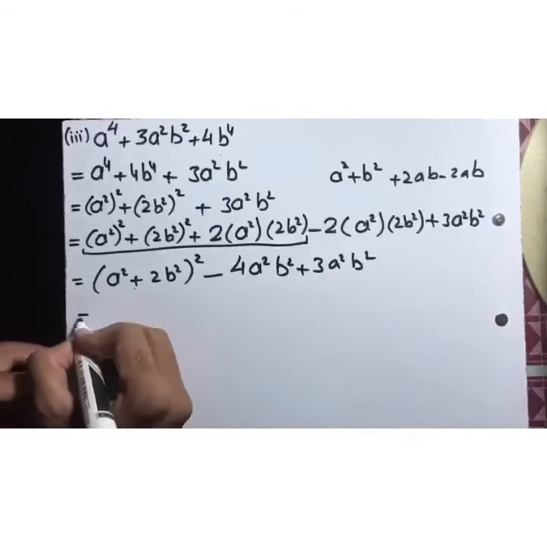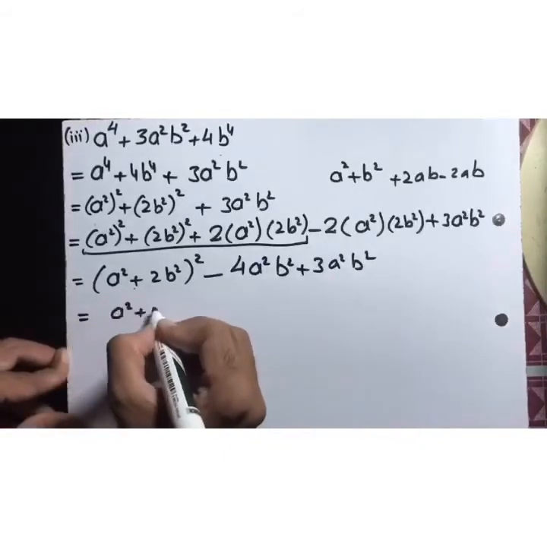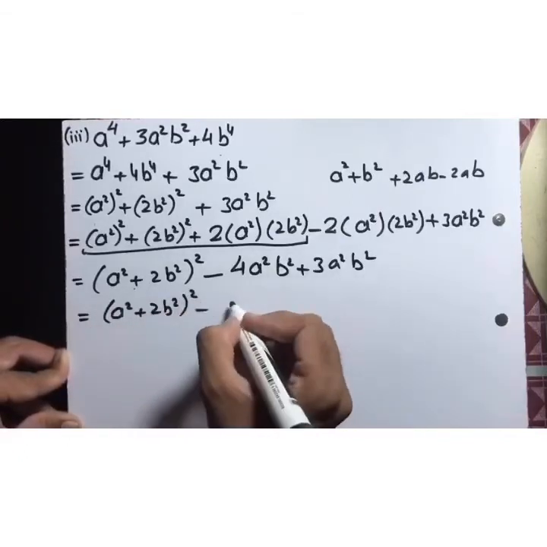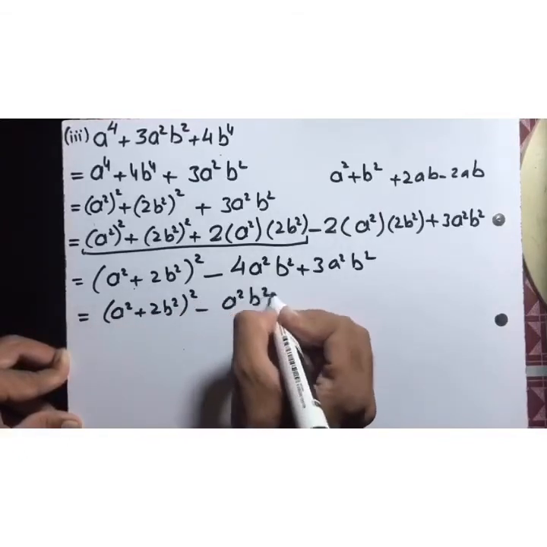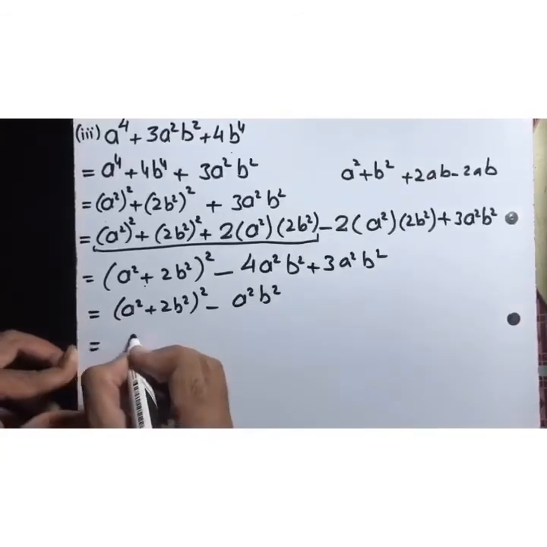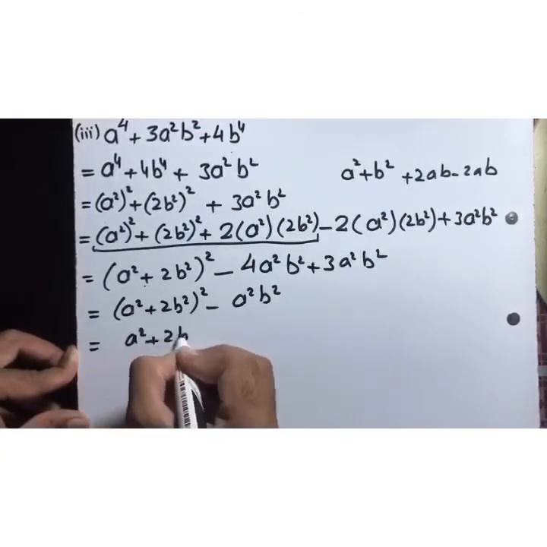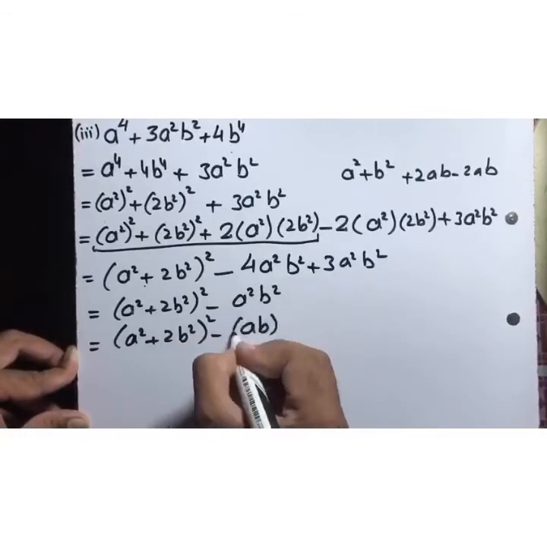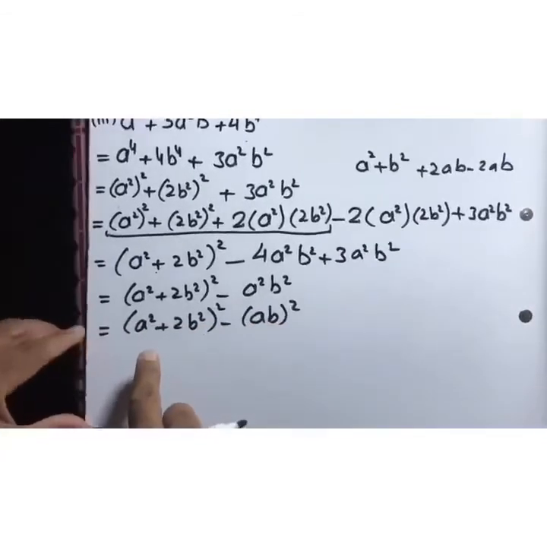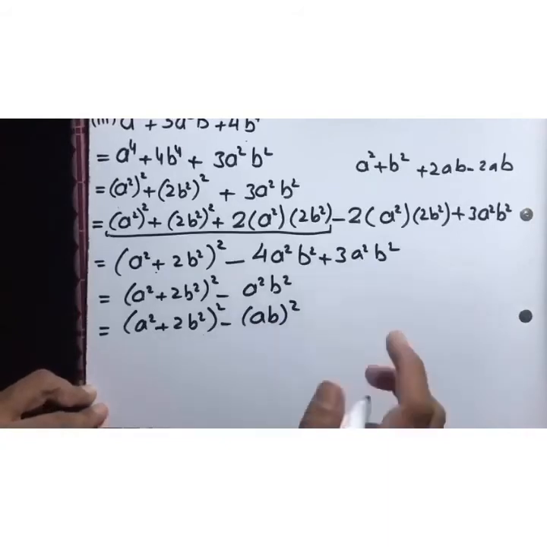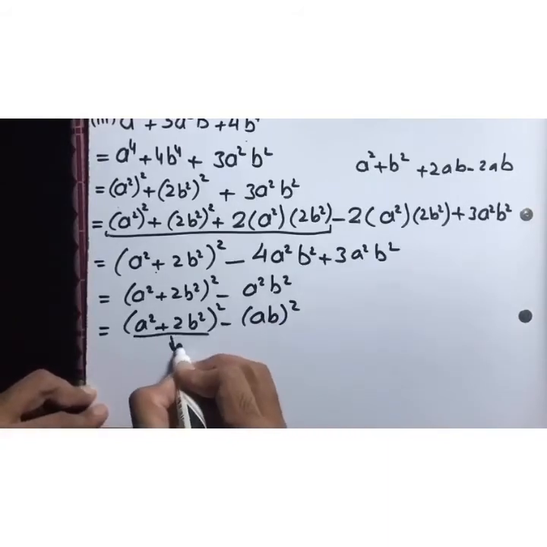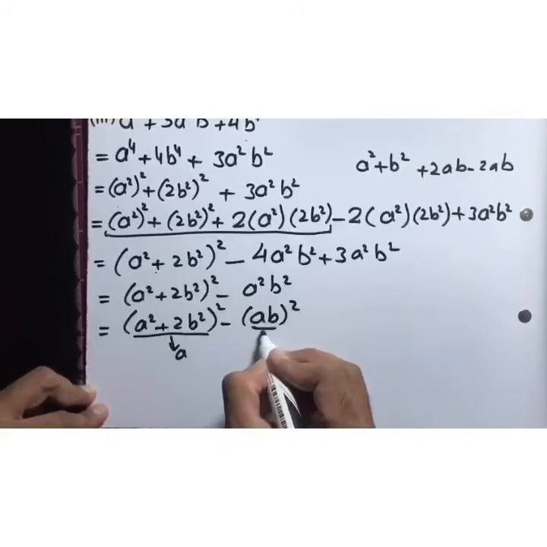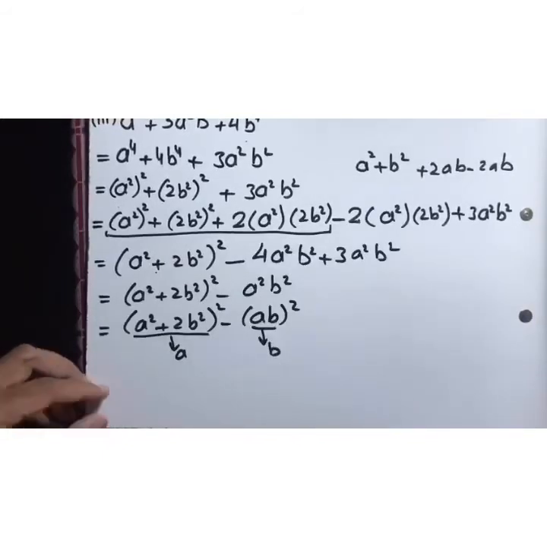By subtracting them we get a square plus 2b square whole square, minus plus minus we get minus a square b square. Next a square plus 2b square whole square, and here we get ab whole square. Now this is becoming the formula of a square minus b square. Here a is a square plus 2b square and b is ab.